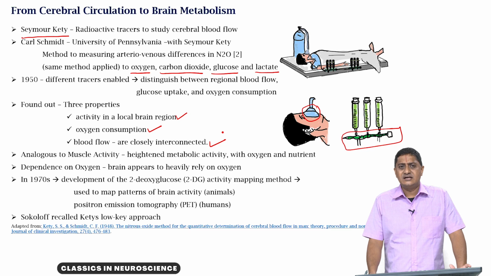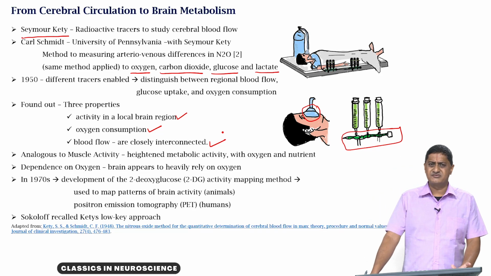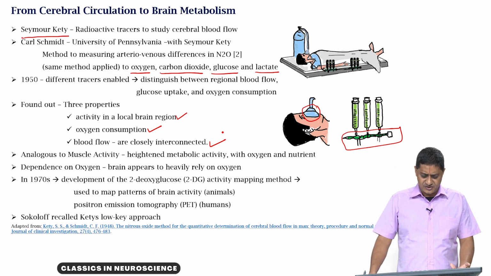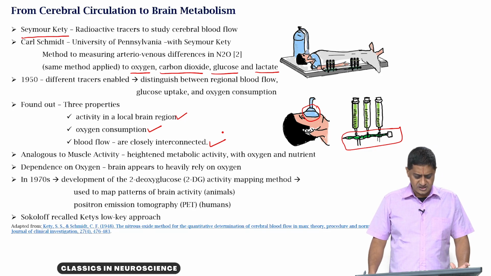This idea later led to the development of the 2-deoxyglucose activity mapping method that is used to map patterns of brain activity. First, it was developed in animals because of the tracers that were used. It was first applicable, or allowed to be used, only in animals.